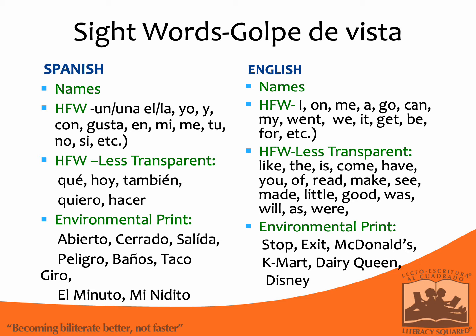In either case, the goal is to get students to read and write these words as a whole unit, not by sounding out. The key is to always have them in a meaningful context, providing many opportunities for students to see them in these meaningful settings.